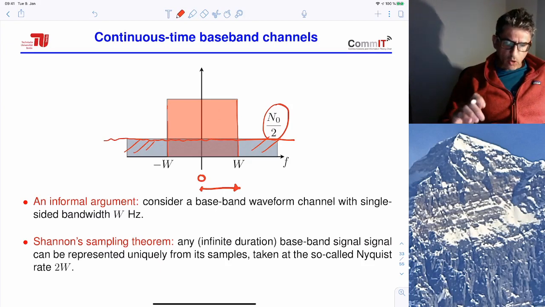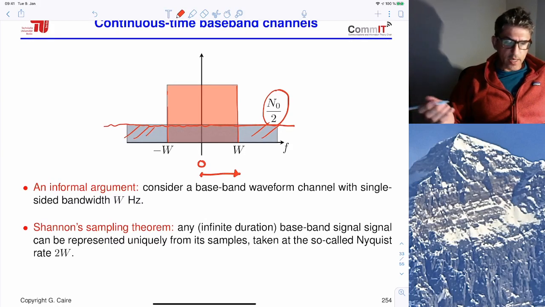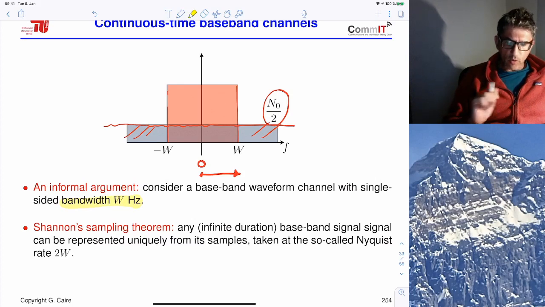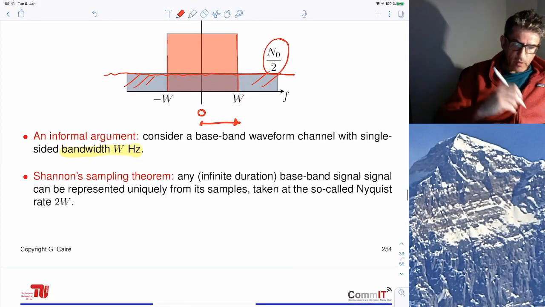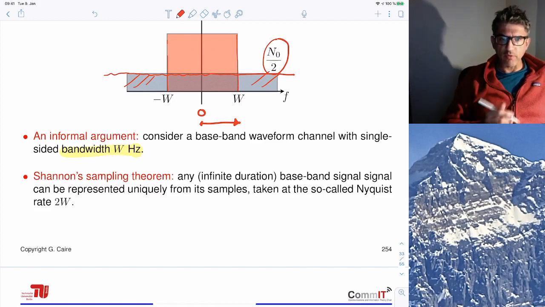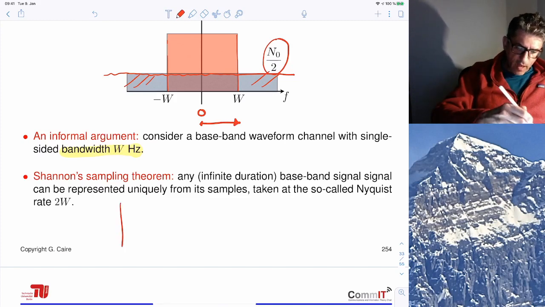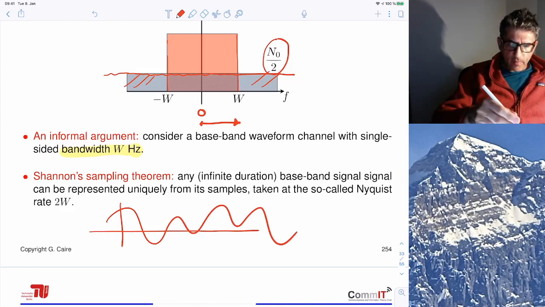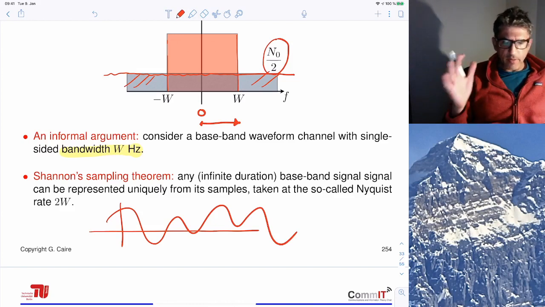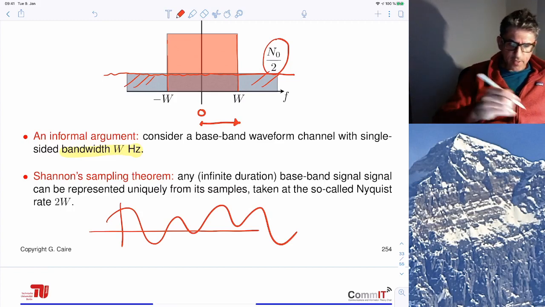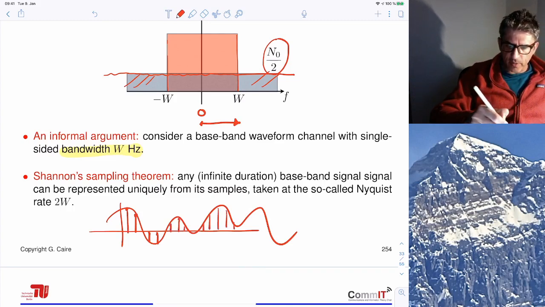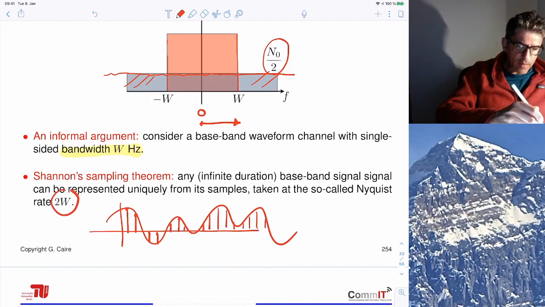So the informal argument goes like that. We have this band limited channel with one-sided unilateral bandwidth W hertz, and we know from the Shannon sampling theorem, which I will talk a little bit better about tomorrow in the live session for those of you who are not familiar with basic signal processing, but I think that most of you are familiar, that if we have a continuous time signal with the spectrum contained in this interval [-W, W], we can exactly represent the signal by taking samples, as long as the samples are taken at a frequency that has to be larger than 2 times the unilateral bandwidth.